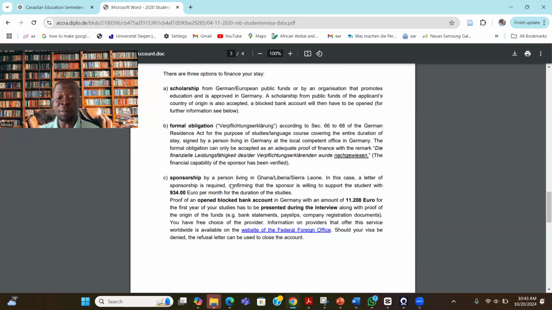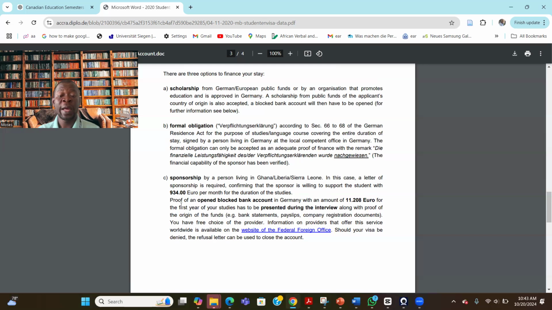Sponsorship. Sponsorship by a person living in Ghana, Sierra Leone, Togo, or any other country. In that case, a letter of sponsorship is required, confirming that the sponsor is willing to support the student during the studies with this amount.